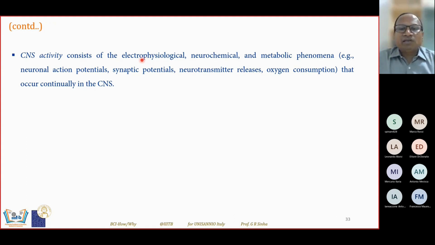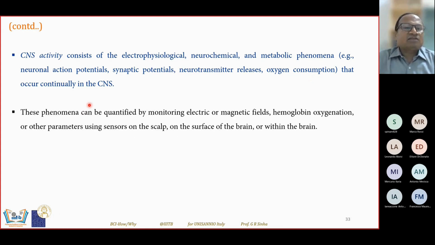So electrophysiological, neurochemical, and some chemical-related signals are also used. I will describe that not today, but in the next lectures. And metabolic phenomena, for example neuronal axon potentials, synaptic potentials, neurotransmitter releases, oxygen consumption, even oxygen level, are also part of the study of the brain, and they occur continuously in the CNS.